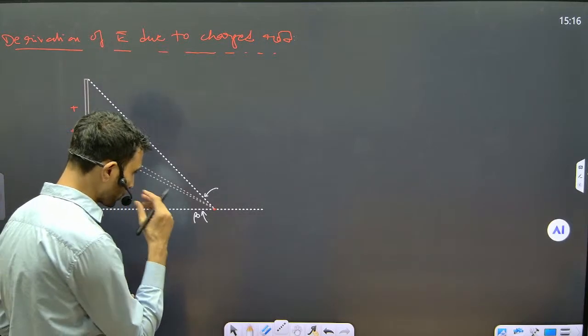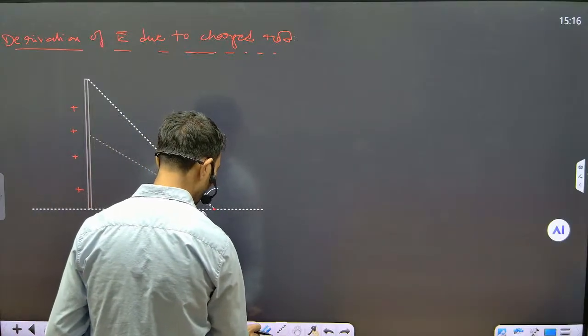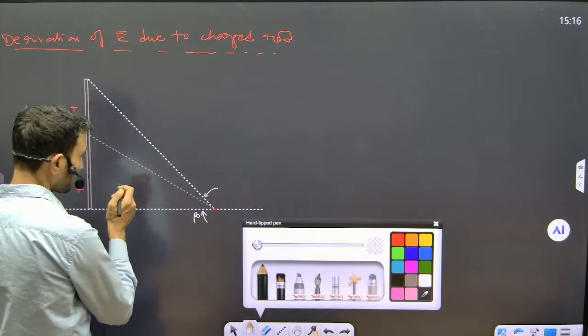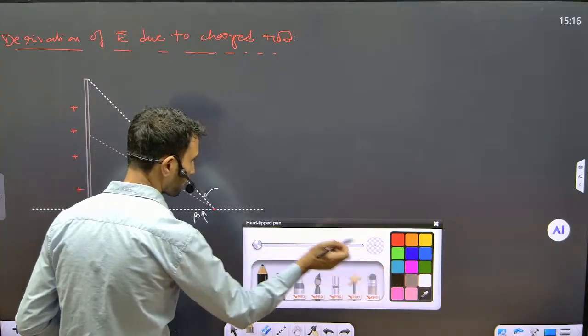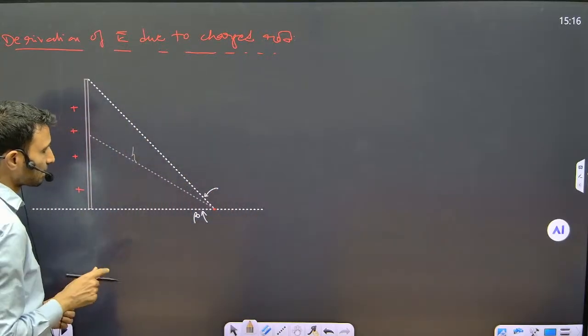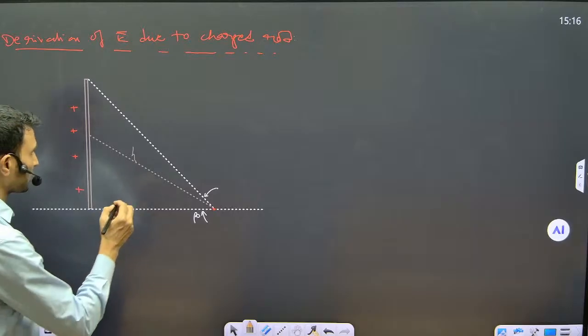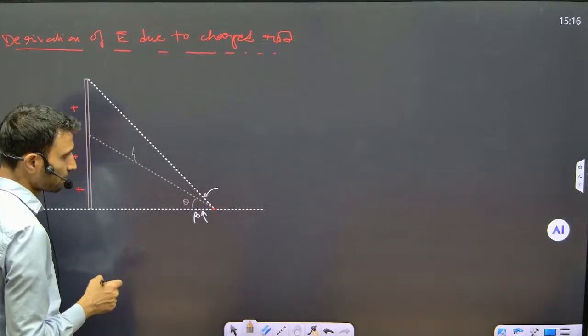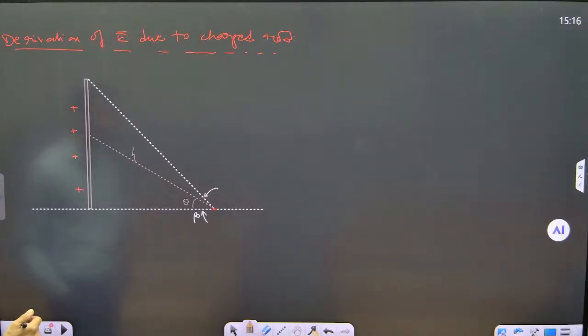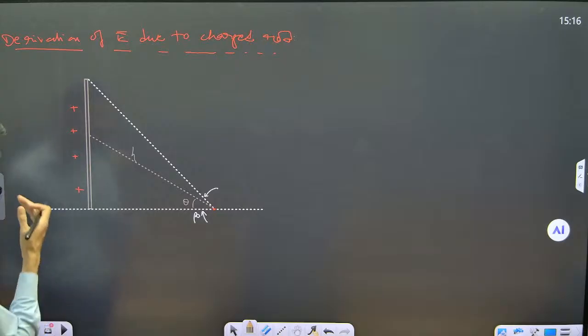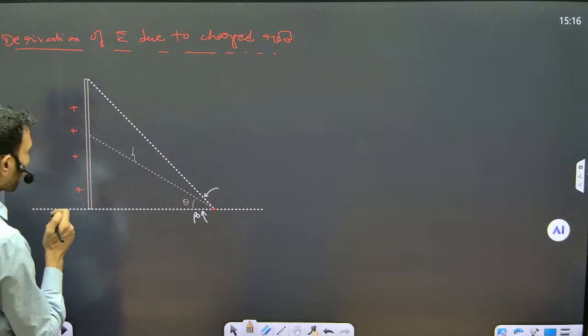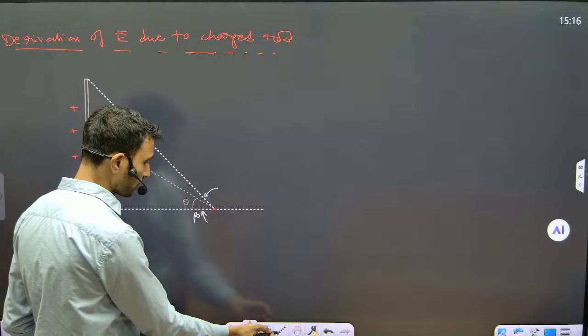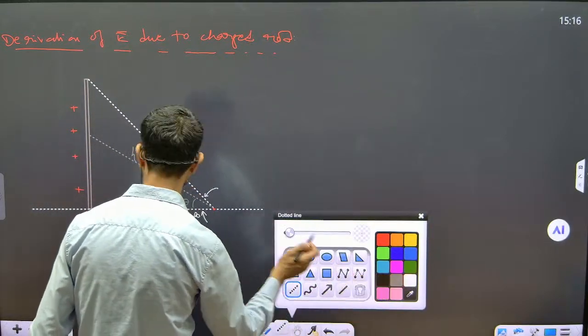Let's say this distance is given to us, it is h. This distance is h, and it is making an angle theta. And let's say this vertical height is also given.